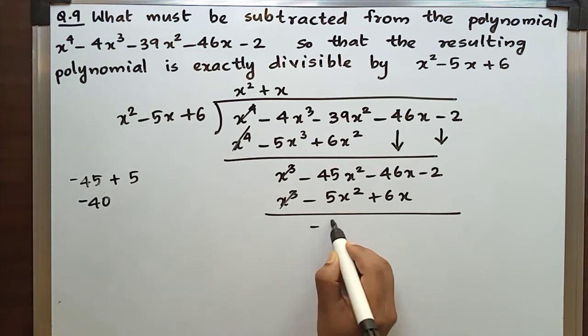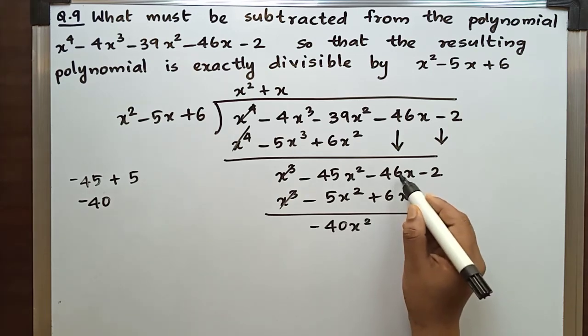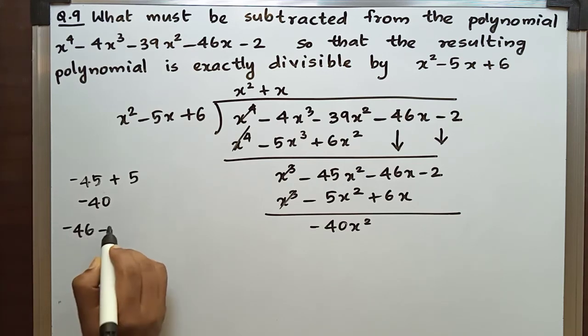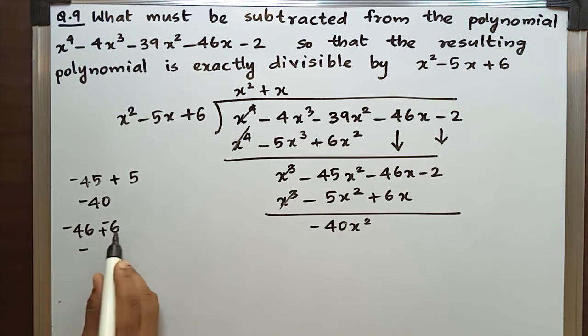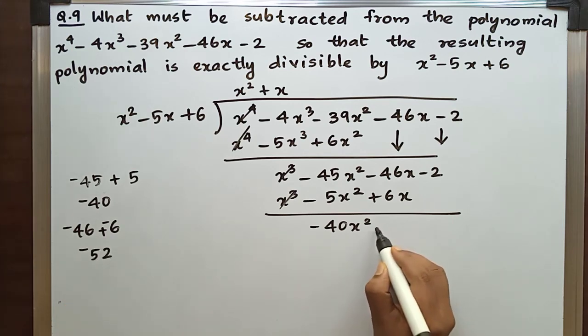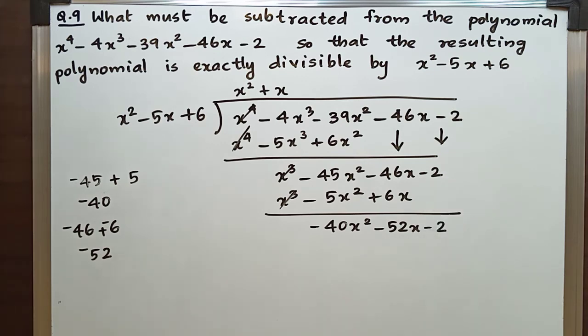So this is minus 40x square. Next is minus 46 minus 6, same as minus 46 plus minus 6, that is two negative numbers getting added. 46 plus 6, 52. So this is minus 52x, then minus 2.